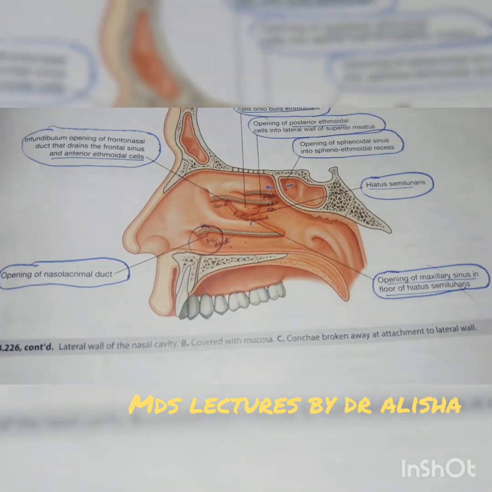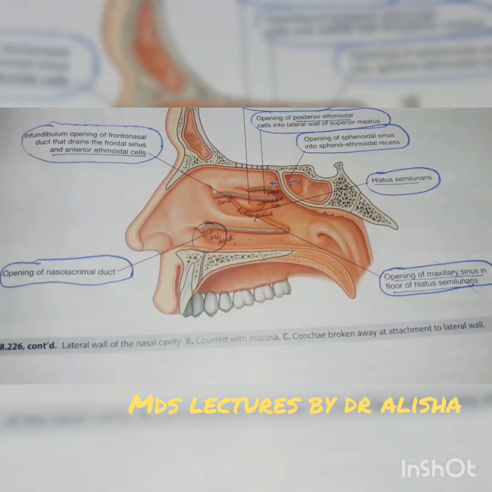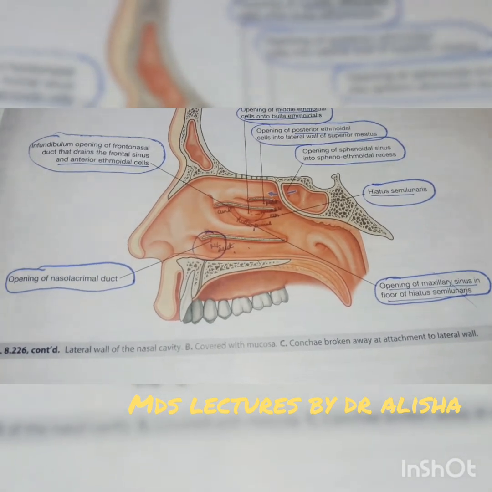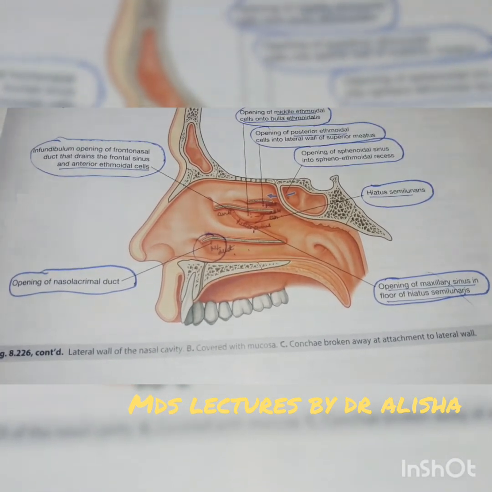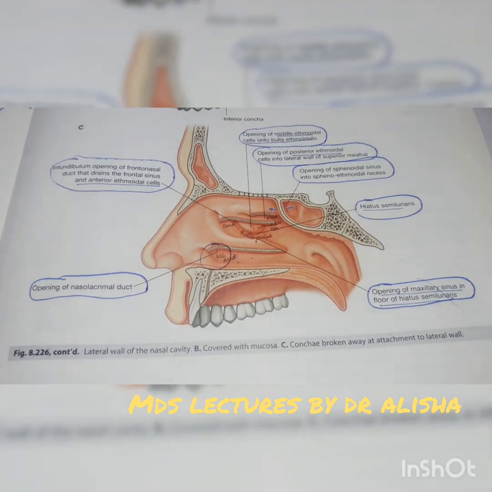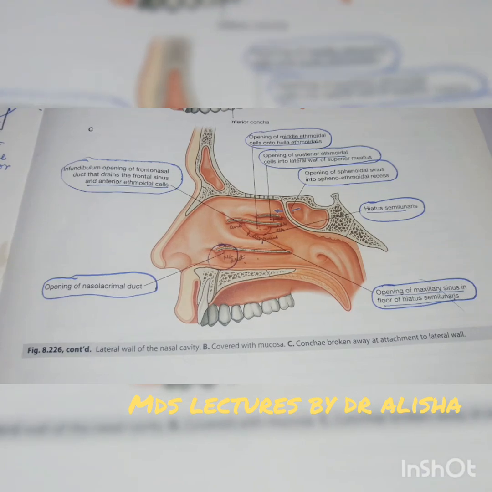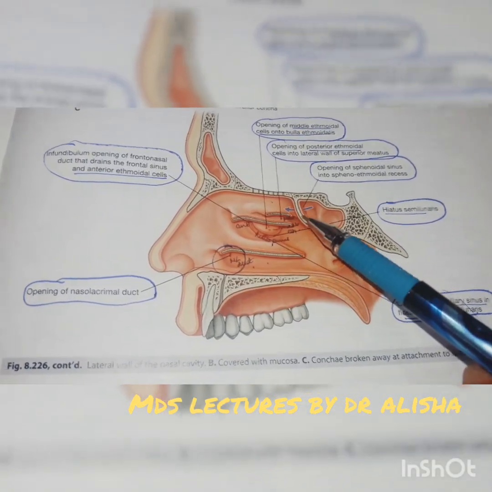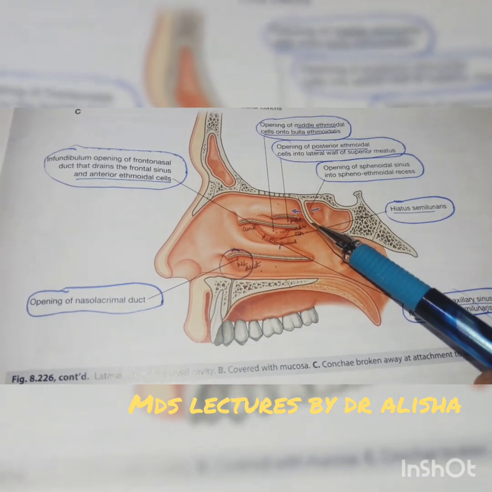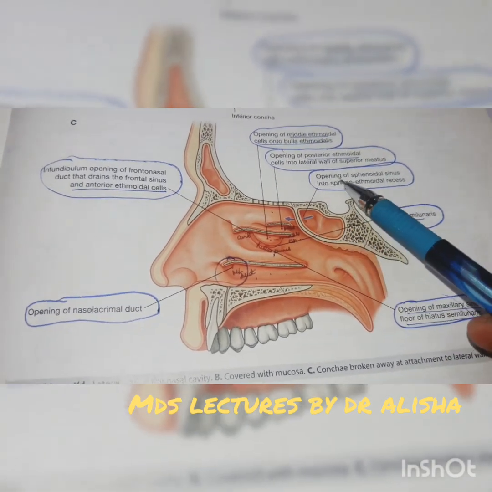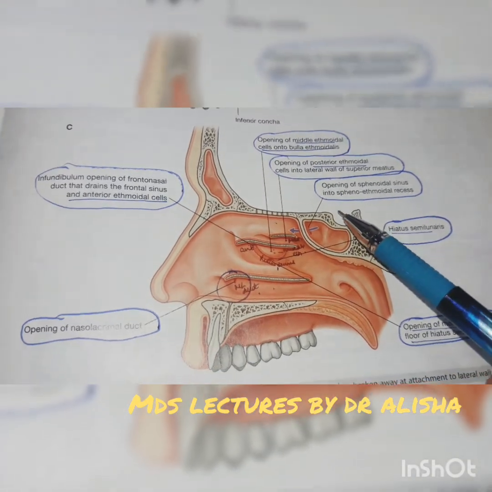This is an important point to be noted: the sphenoidal sinus does not drain onto the lateral wall of the nasal cavity, and it opens into the posterior roof of the nasal cavity. If you can see over here, it is not onto the lateral wall, it is opening onto the posterior sloping roof of the nasal cavity.